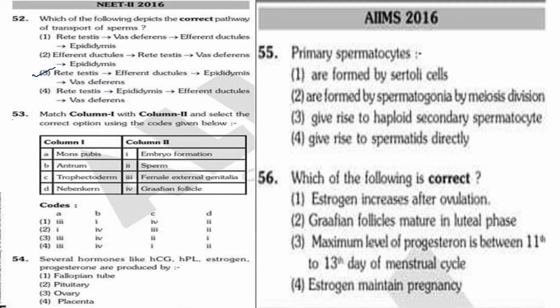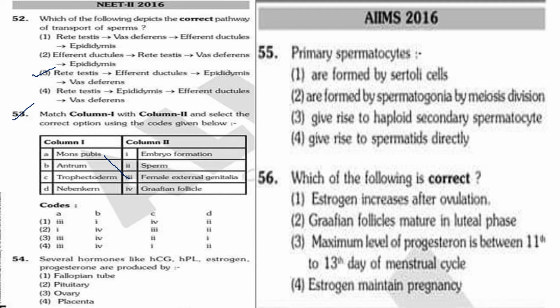Now, the next question, 53rd. You have to match the following correctly. Here, the first one is which of the, correctly we have to label. Okay, now, mons pubis is the female external genitalia.